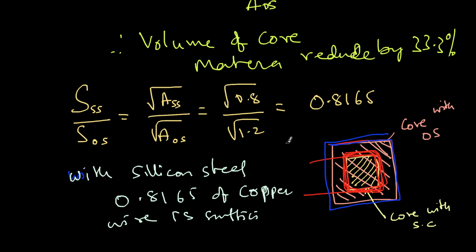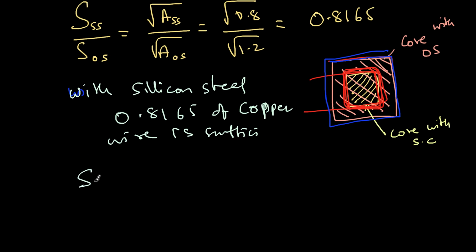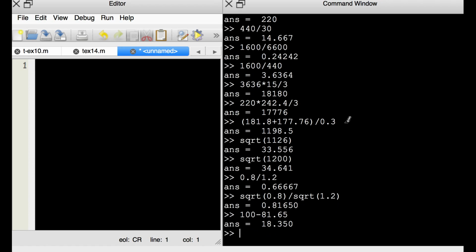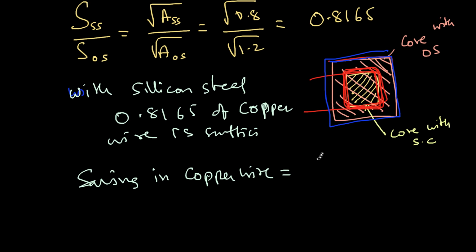Or in other words, if I want to calculate the saving in copper wire, from 100 if I subtract 81.65, that is 18.35% saving.